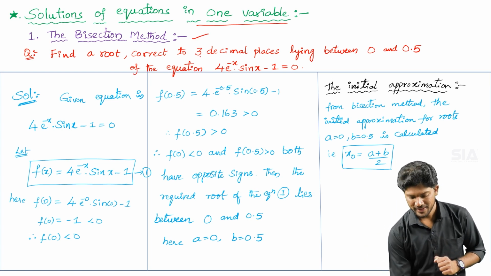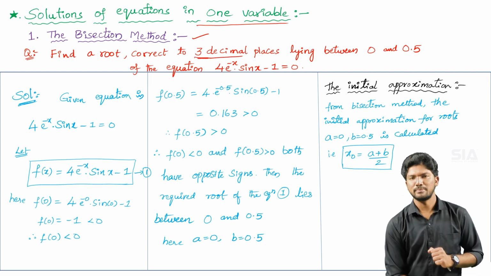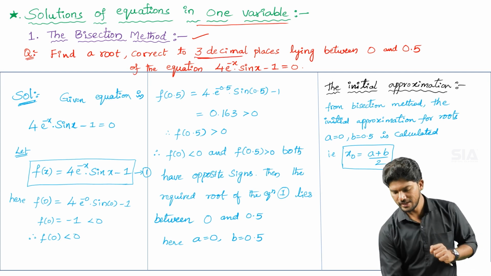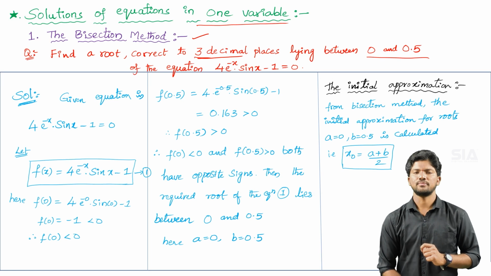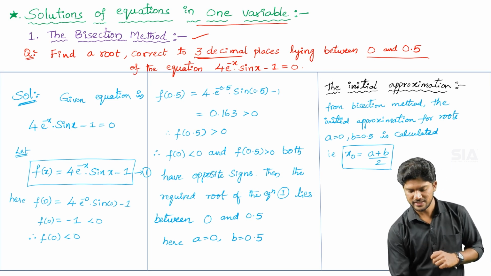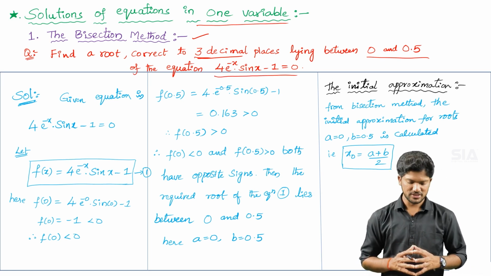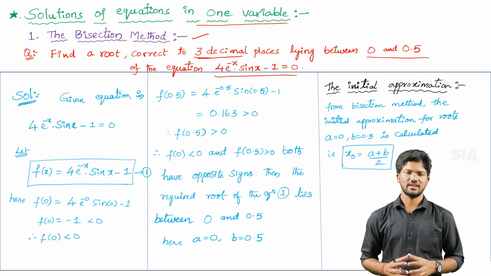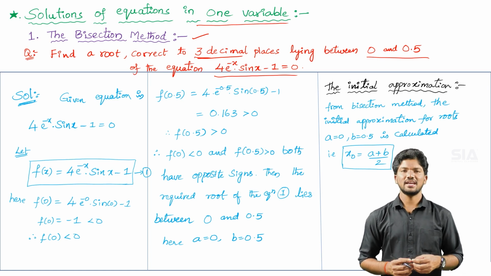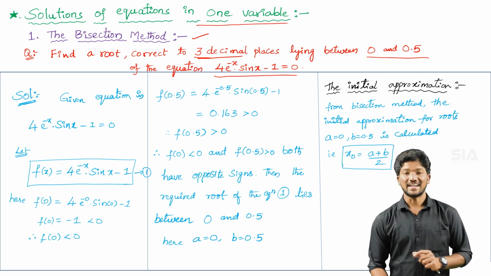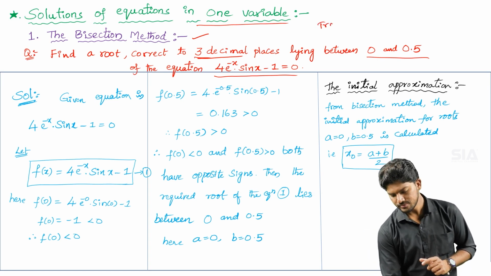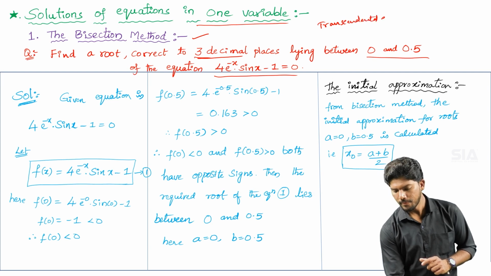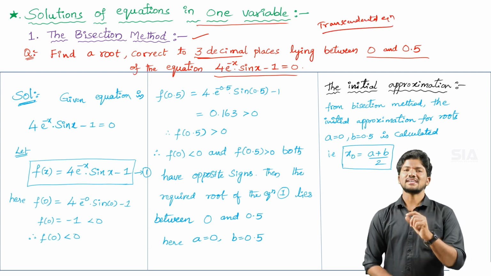Find a root correct to three decimal places lying between 0 and 0.5 of the given equation 4 e power minus x into sin x minus 1 is equal to 0. The given equation is not an algebraic equation, so this is a transcendental equation.